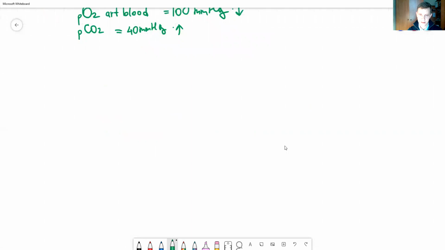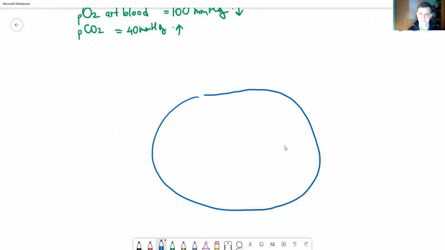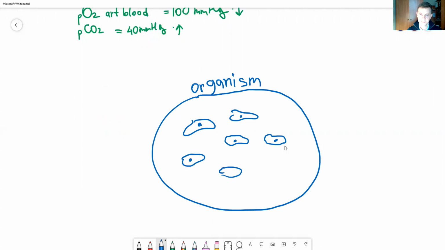Okay, so the conception of homeostasis is very easy to understand with this simple scheme. Our organism consists of many billions of cells that are located inside our body, and for maintaining the optimal living process of these cells, we need to receive energy and substrate for the building process, for the synthesis of new substances.